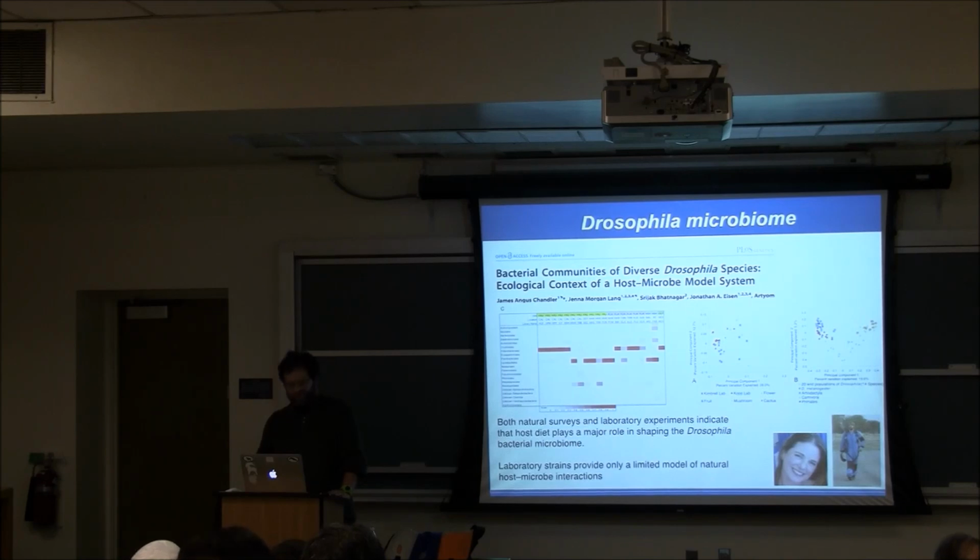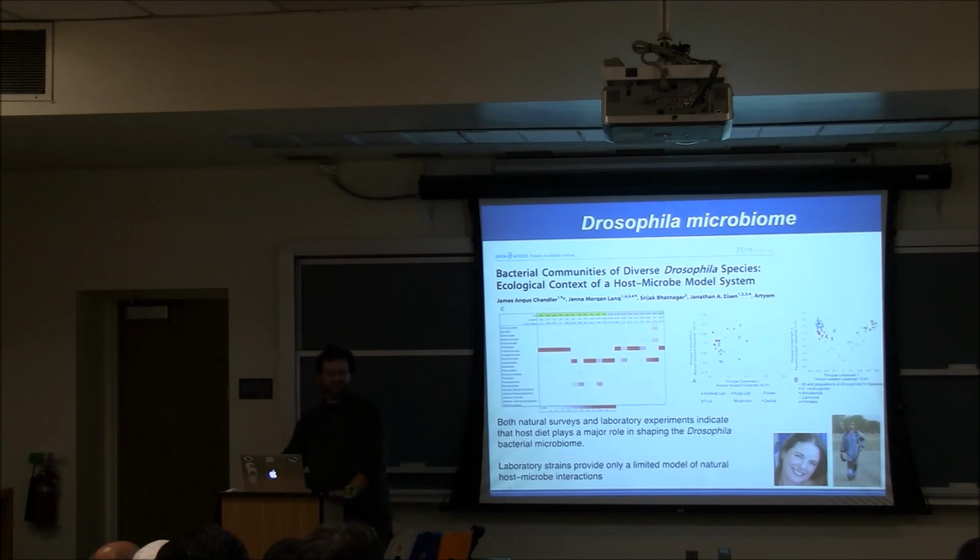I've never lost what was ingrained in me in graduate school, this desire to work with model organisms. And so when I moved to UC Davis, one of the things that I really wanted to do was collaborate with the people who were experts in Drosophila in particular and start to work on the microbial diversity in the Drosophila gut. We've collaborated with Artyom Kopp's lab and a graduate student in his lab, Angus Chandler, and Jenna Lang, who was a graduate student in my lab, worked with them to look at the microbial diversity in the Drosophila gut as a model system, in parallel with all the work that's being done in the human microbiome and the mouse microbiome and the fish microbiome.